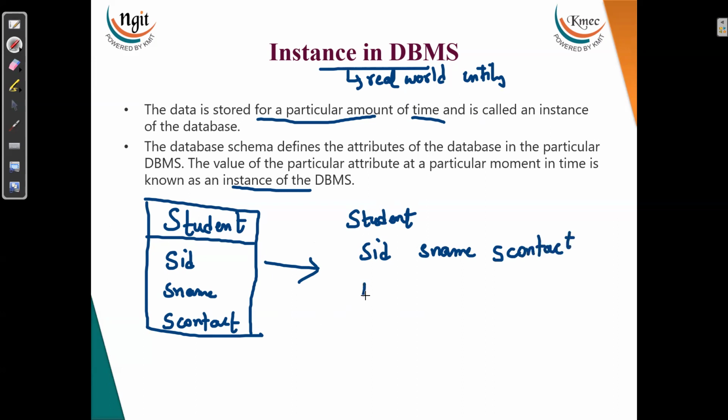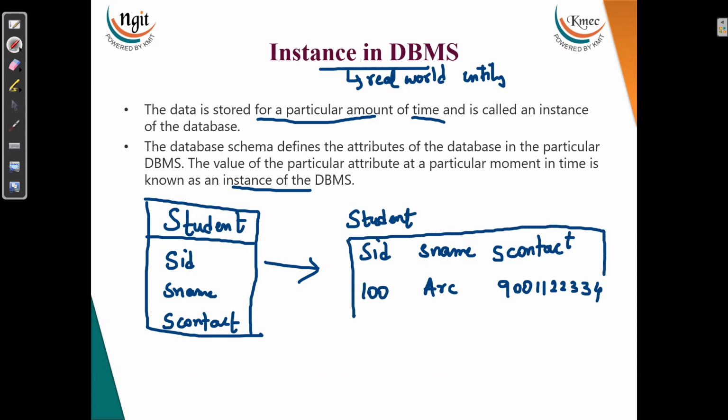Now I have student ID with number 100. Student name is ARC and student contact number is 9000112233. Right? So at this point of time, how many records are inserted into this table?